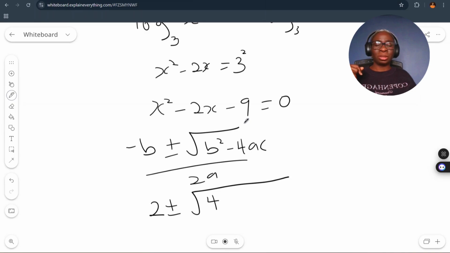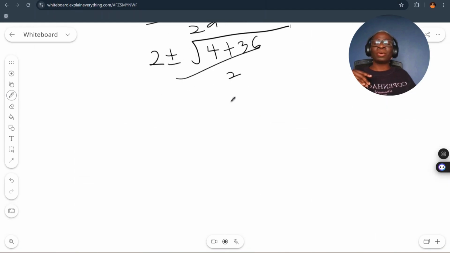Then minus, let's first multiply 4 times a. 4 times a is 4, then times c. C is negative 9. 4 times negative 9 is negative 36. Then times this negative, that will be positive 36. Then all over 2. Sorry about that. So that we have 2 plus or minus root 40 over 2.